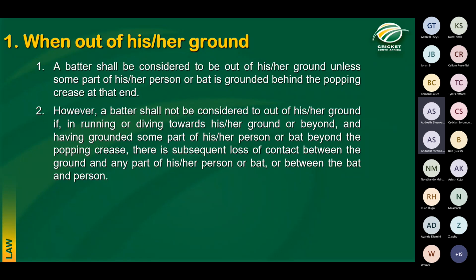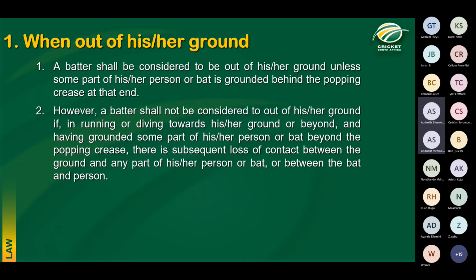Point number two was added a few years ago. Why was point number two added? You'll see on TV, and if you can visualize this, they take a quick single.